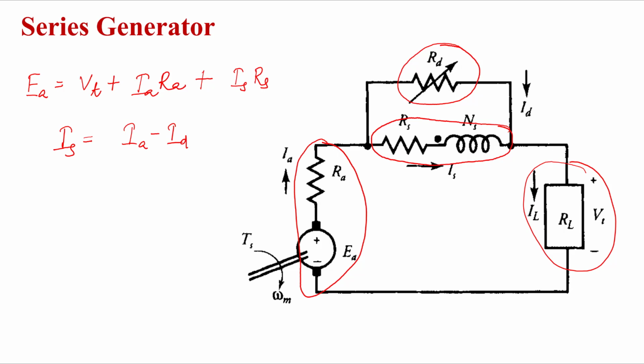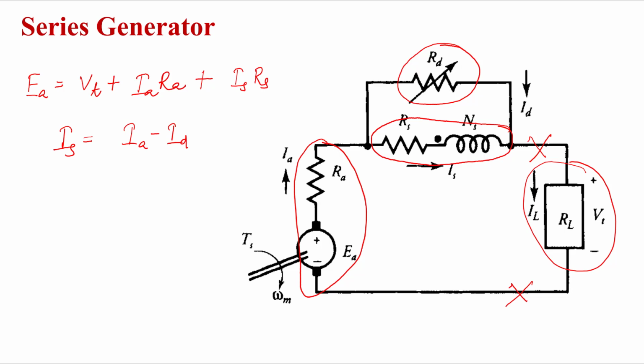Now the question is, if I remove this load from this circuit, what will happen? Can it produce voltage? Like in case of the shunt generator, we have seen that even in open circuit it produces the voltage, right?